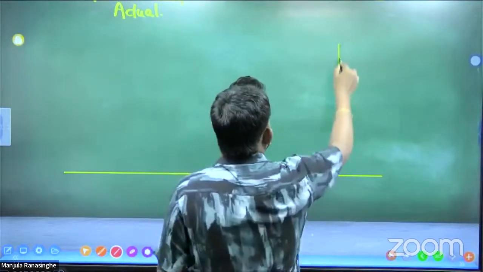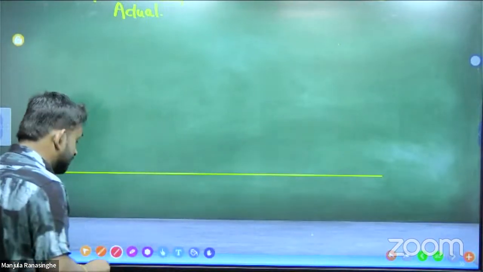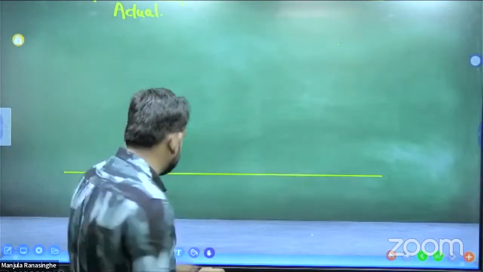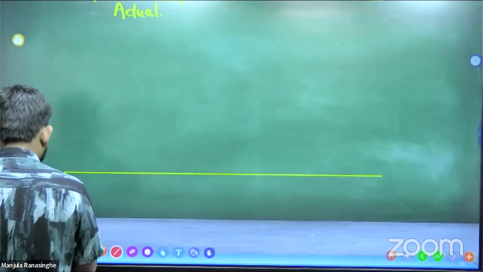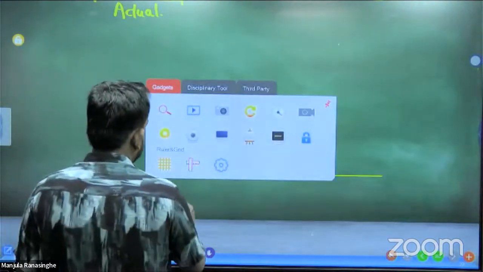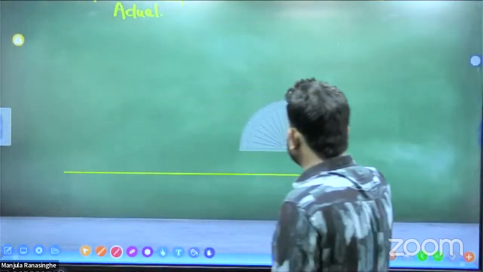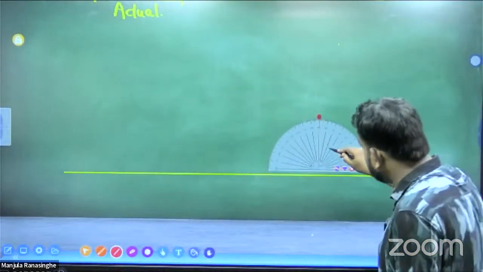How to draw the vertical line? Now I will tell you. You need to make a 90-degree angle for this one. So you need to bring the protractor and make the 90-degree there. See, there are some points here.